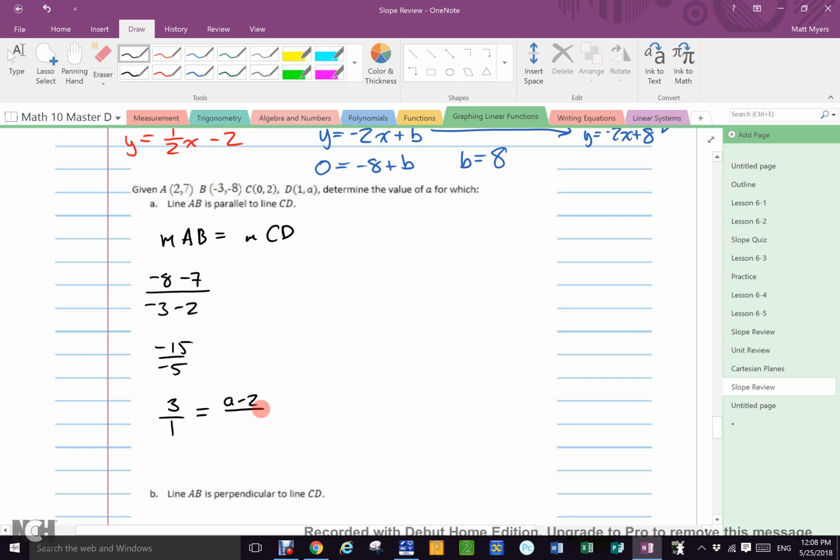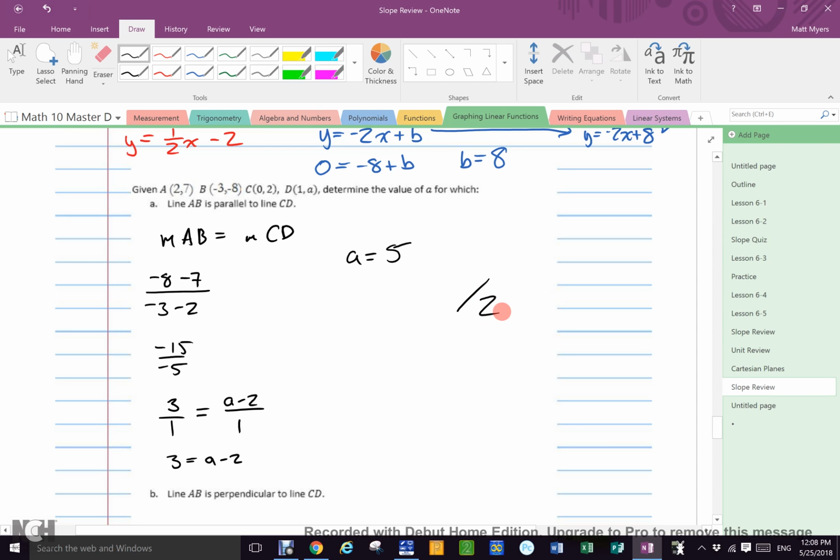A minus 2 over 1 minus 0, which is 1, correct? What do I do every time I have fraction equals fraction? Cross multiply. 3 equals a minus 2. What does a equal? 5. And I'm done for 2 marks.